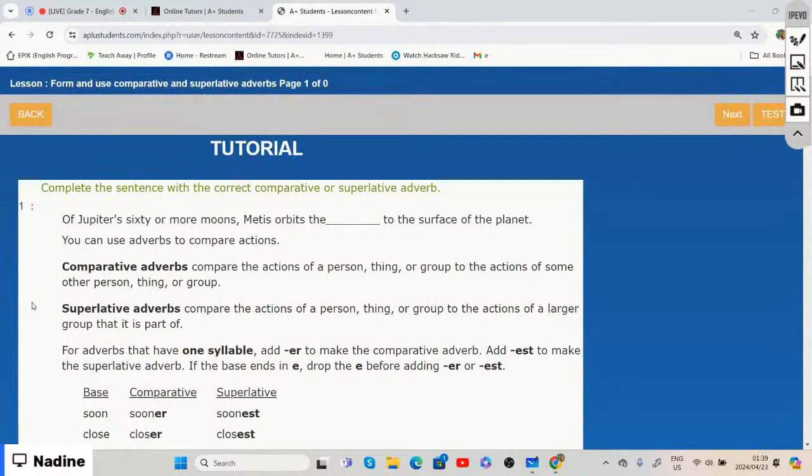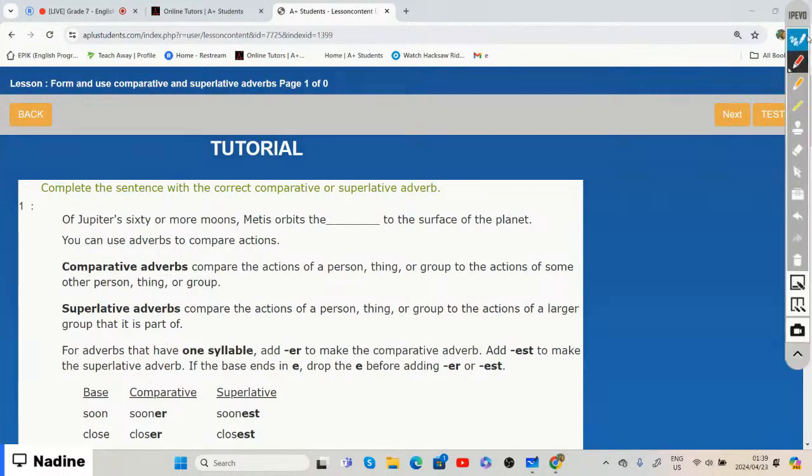The closest. So when we say closest, then it means that, right? Yeah, if our answer is going to be closest, then it means that this is a superlative adverb.